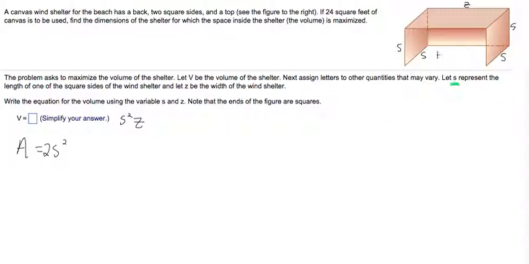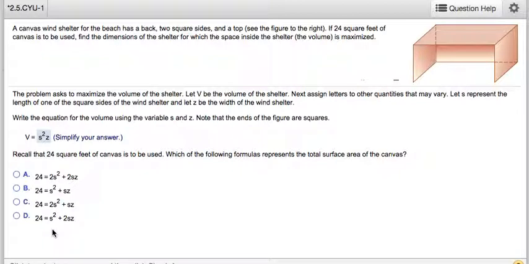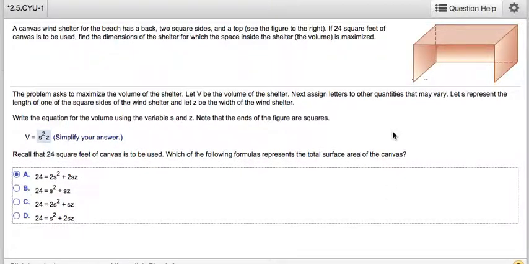Those are the areas of the 2 square sides, plus the area of the back is Z times S, and the area of the top here, well, that is a square, so that length right there is also S, so it's also ZS. So 2ZS, so 2S squared plus 2ZS. Let's see, that one I think right there.